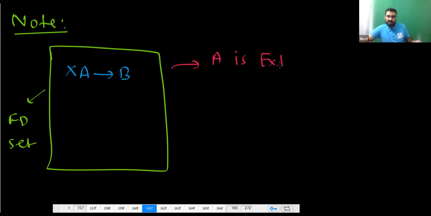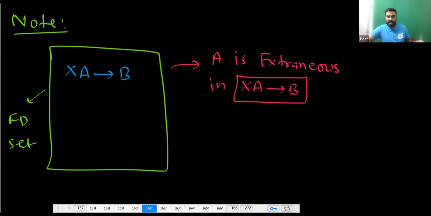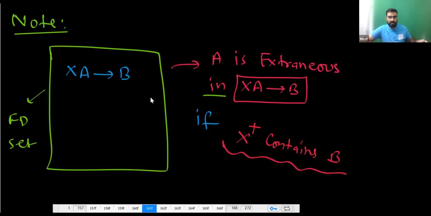If you find X plus and X plus contains B, then A is extraneous.